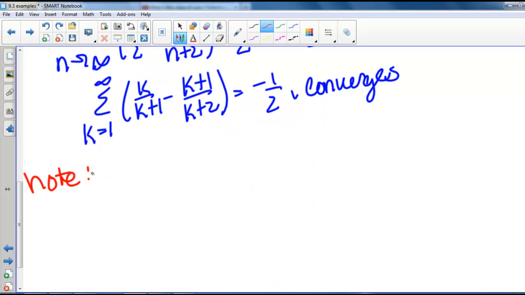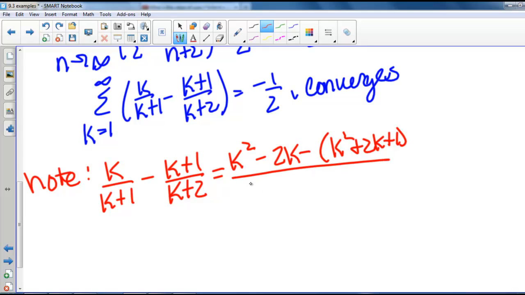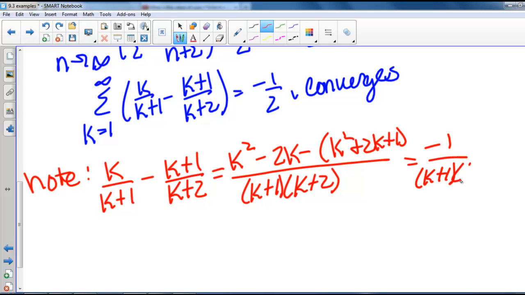We can also note that k divided by k plus 1 minus k plus 1 over k plus 2, if we found a common denominator, we could rewrite this as k squared minus 2k minus the quantity k squared plus 2k plus 1, all divided by k plus 1 times k plus 2, and that equals negative 1 divided by k plus 1 times k plus 2.